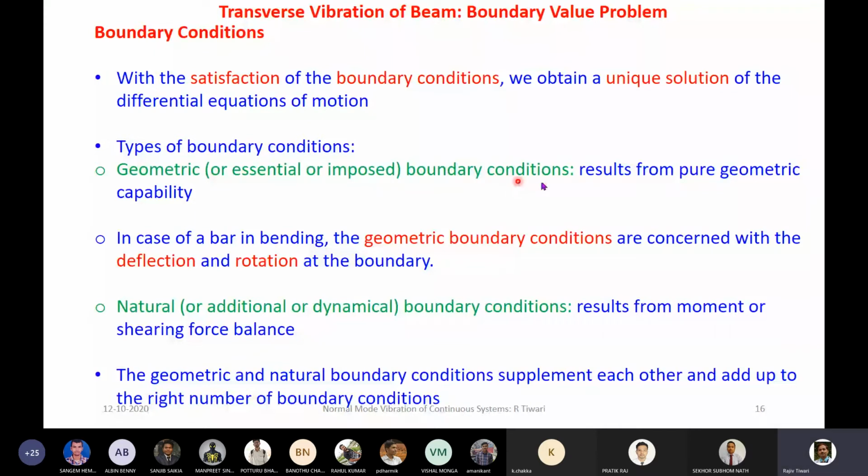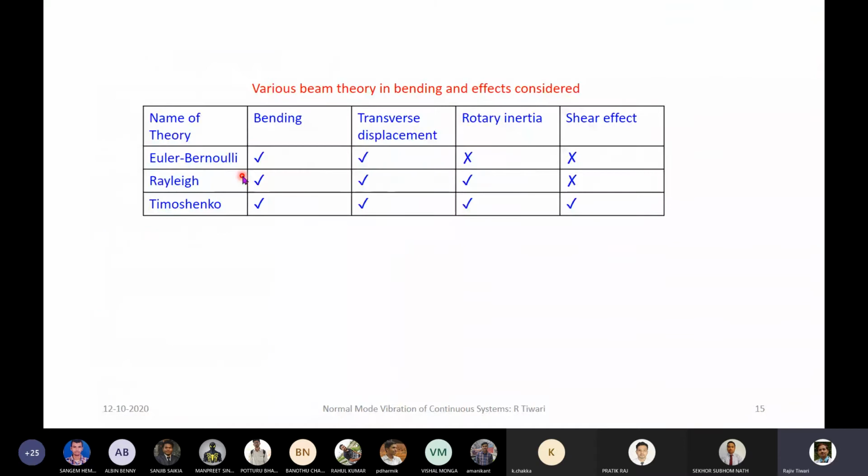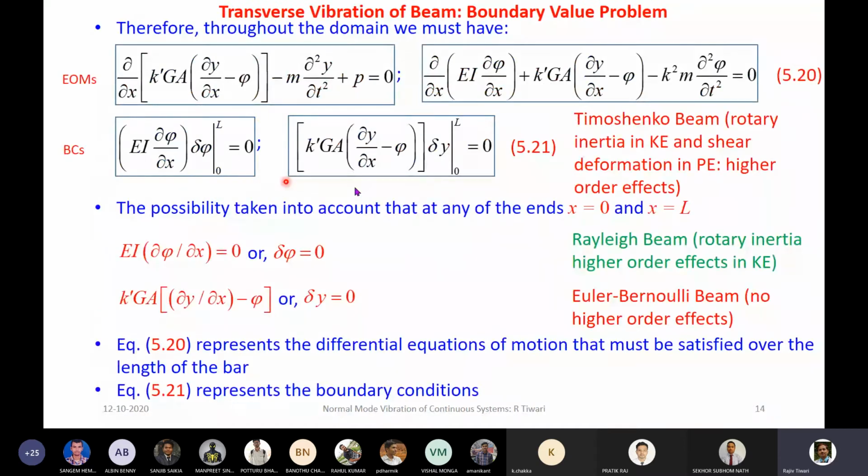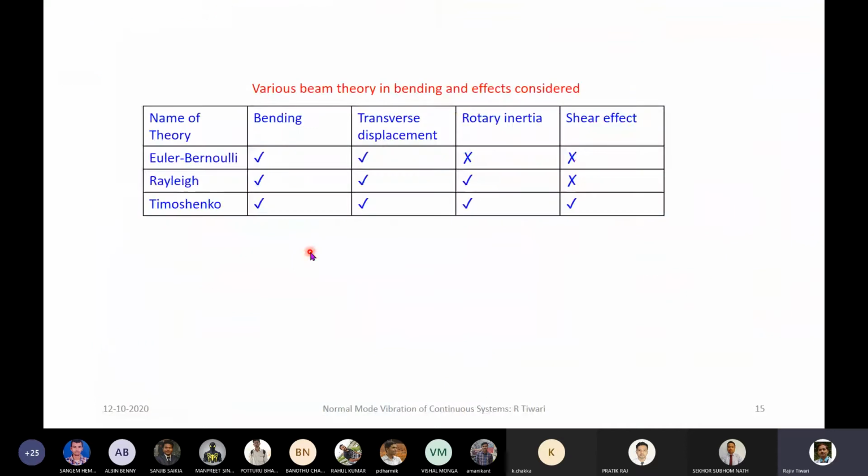They are basically geometric in nature. That means they are the displacement or deflection and the slope. So in the previous case, you can see there's a deflection. This is the geometrical boundary condition. This is the geometrical boundary condition. Slope is also a geometrical boundary condition.